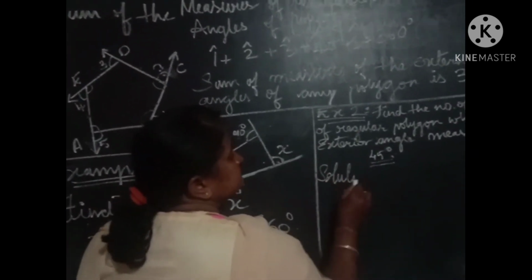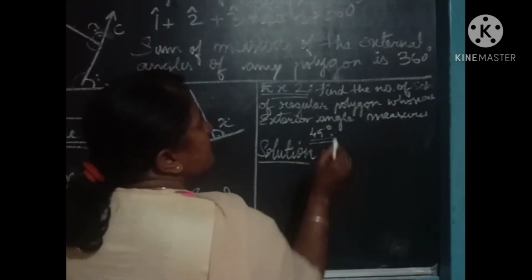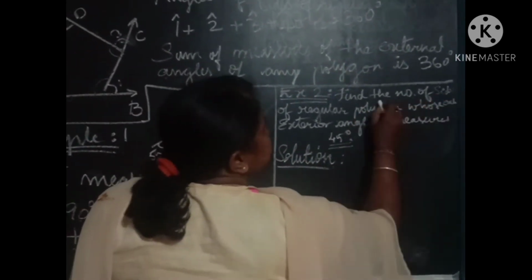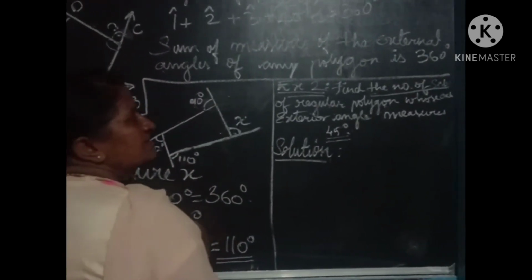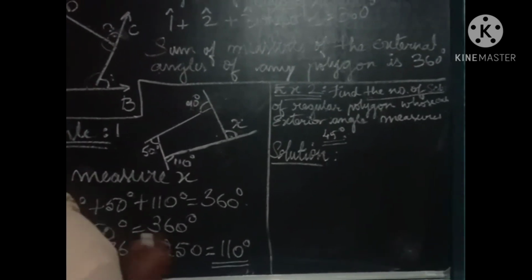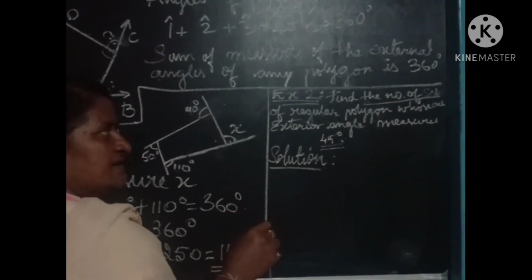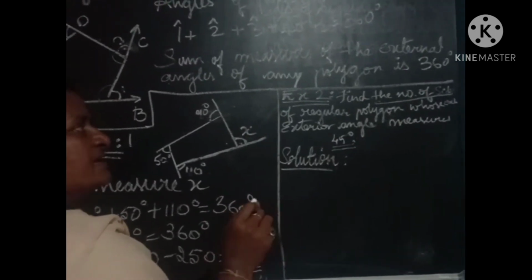Solution. See what they have given here. Find the number of sides. We have to find the number of sides. The number of sides is nothing but the number of angles, yes or no? How many sides are there in a polygon? That means we can also say how many angles.